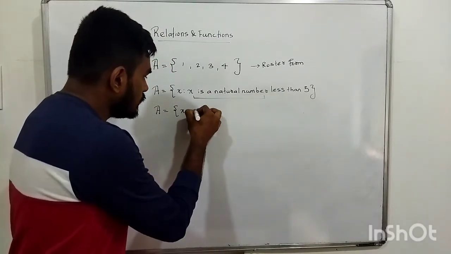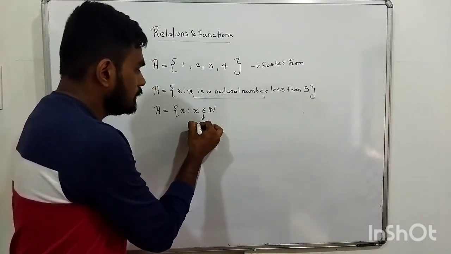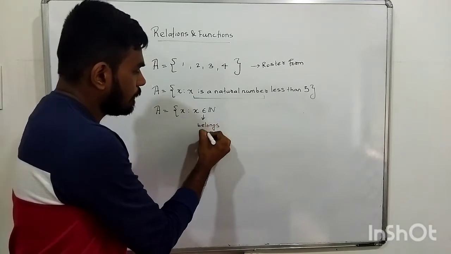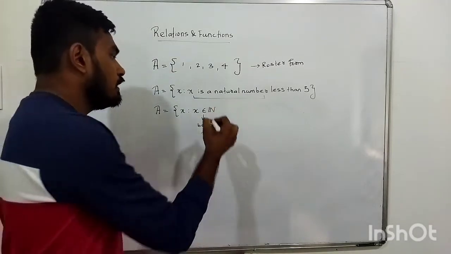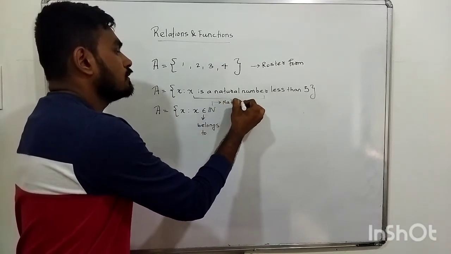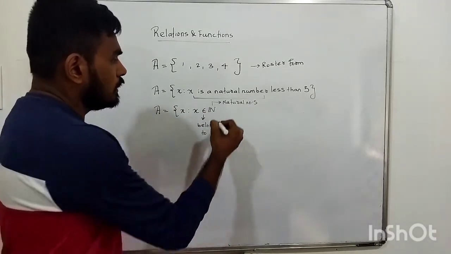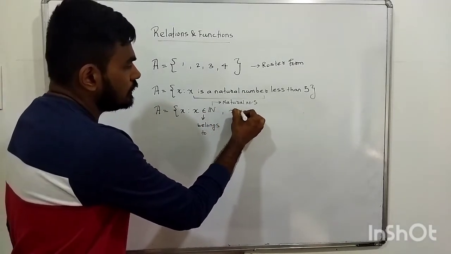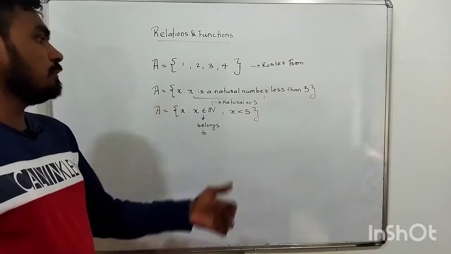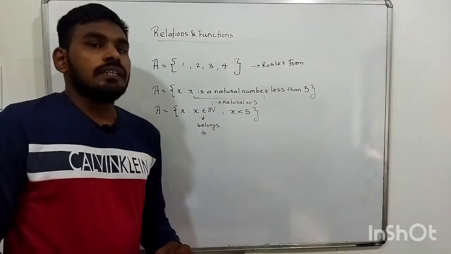We can write it as x belongs to N. Okay, this sign means belongs to, and this letter N is for natural numbers. Okay, x such that x belongs to N and x is less than 5. Okay, so x such that x belongs to N and x is less than 5. This is the way of writing.